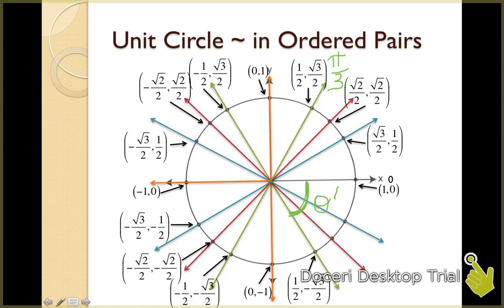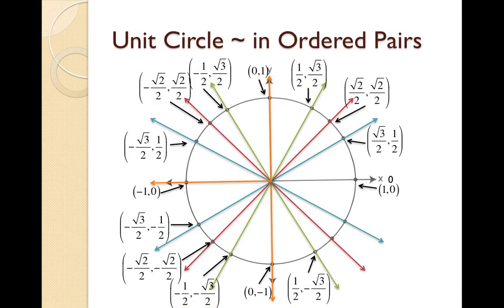And so again, we're using the same x and y values for cosine and sine, but now in the fourth quadrant, cosine is positive because we went to the right, but sine is still negative because we're going down. So our cosine x-coordinate stays positive 1/2, but our sine y-coordinate is going to become negative down here in the fourth quadrant.